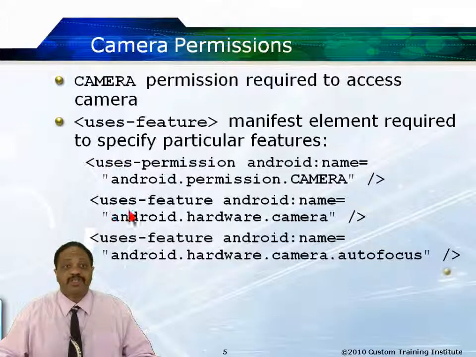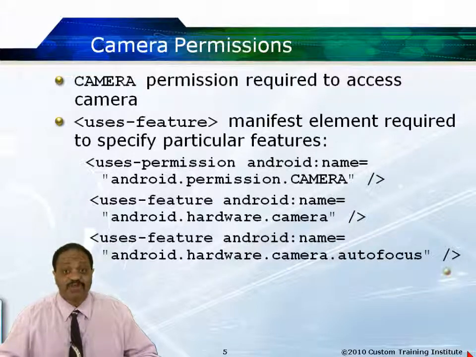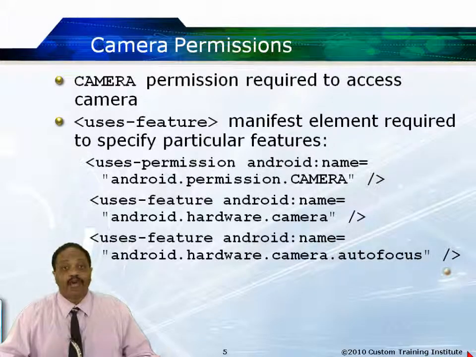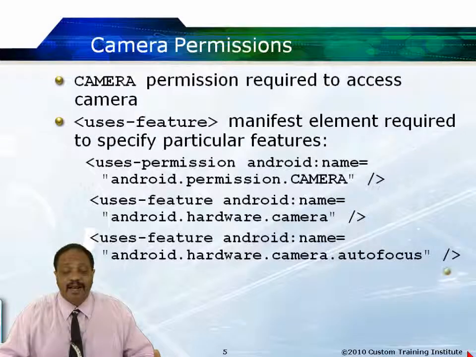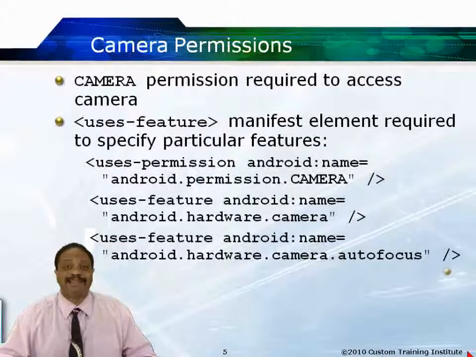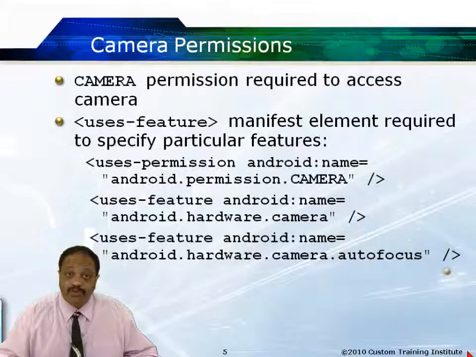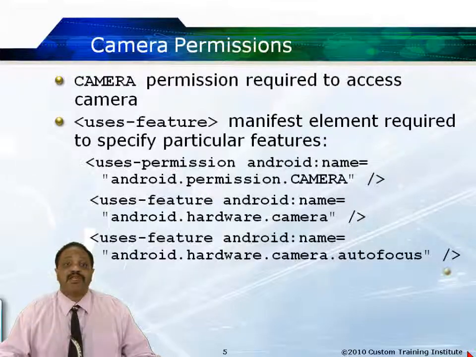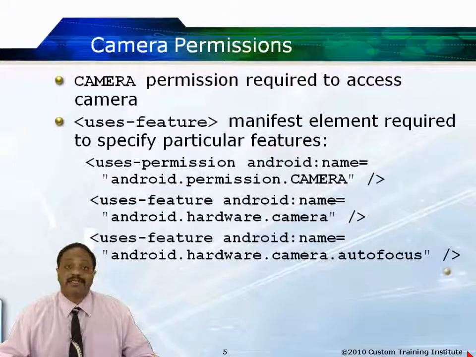And then the uses-feature manifest element is going to be used to specify particular features of the camera. So we're going to have android.permission.CAMERA at a minimum. Now, if your particular camera has some specific features, for example, an autofocus feature, then the uses-feature manifest element is how you access particular features of the camera.